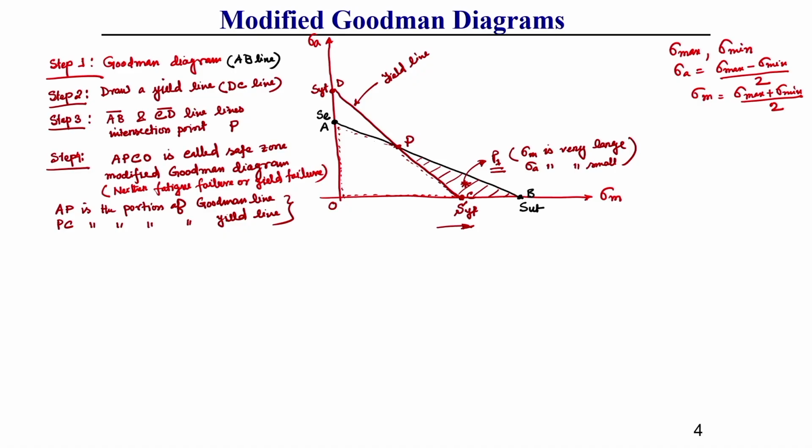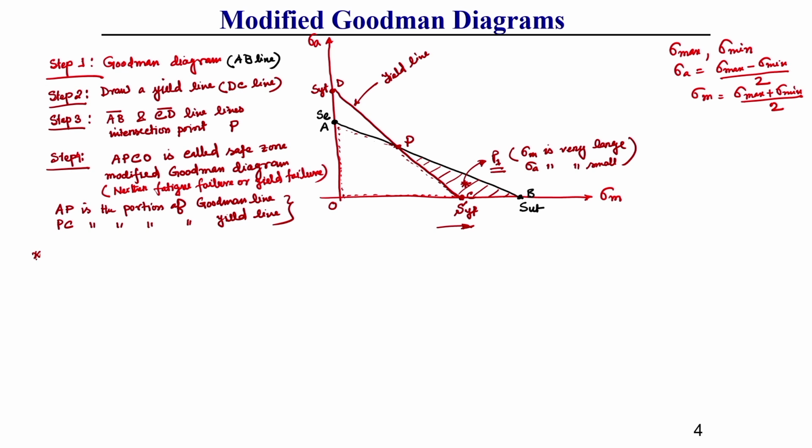That means it is considered a failure component. That is why this P1 point is a failure point, and this modified diagram comes into picture, because of this PB portion of the Goodman line.